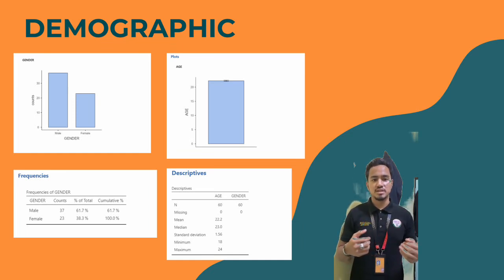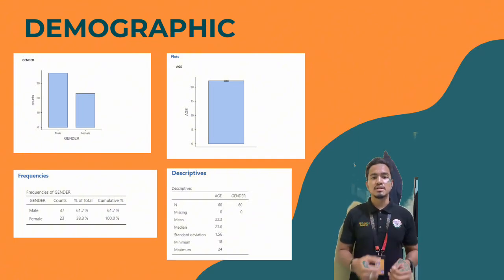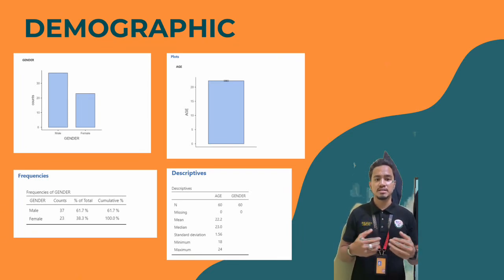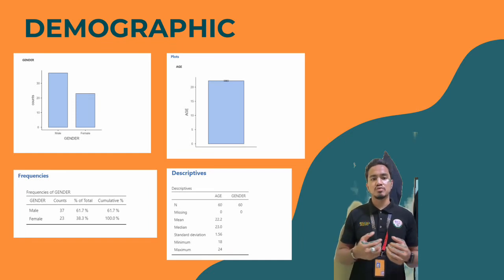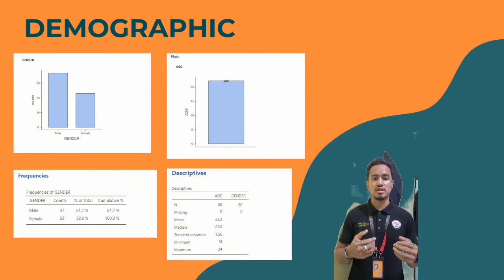The minimum age recorded in the study is 18 years old, while the maximum age is 24 years old. This means that the respondents fall within the young adult age group, which is suitable for the context of this study. Referring to the age bar chart, the figure shows that the average age of the respondents is approximately 22 years old.